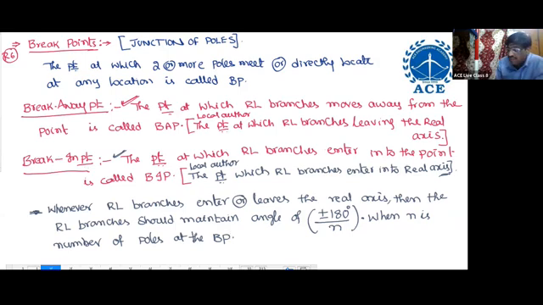I'll take one simple problem. The root locus diagram, the RLD, is shown in the figure.